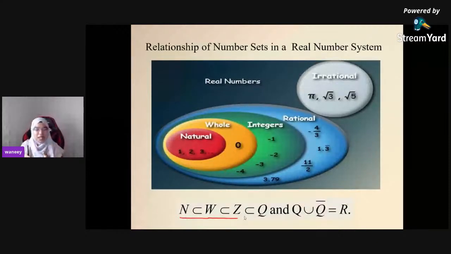So W is a subset of the integer, and then integer is actually inside the rational, so integer is a subset of the rational. And then as you can see, the rational and irrational, if we combine them together, so union stands for combine, so you unite them all together, so rational and irrational, unite them, we're going to get the real numbers.